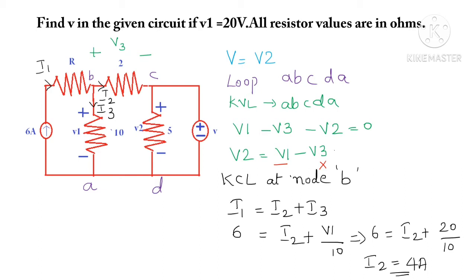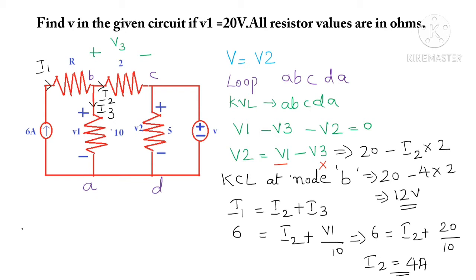So let us substitute that in this. V1 is 20, so 20 minus V3. V3 is the current I2 into 2. So it is 20 minus 4 into 2, which is 8. So it gives us 12 volt.